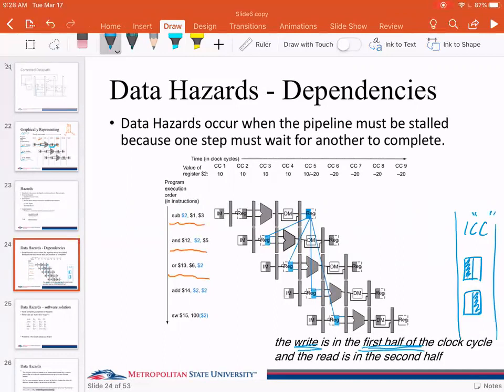All right, so let's look at this particular example. Suppose we would like to perform subtraction. The subtraction result will be put into $2, and then we want to use $2 as an input of the AND, and as the input of the OR, and again as the input of the ADD, and then we want to do a store again using $2.